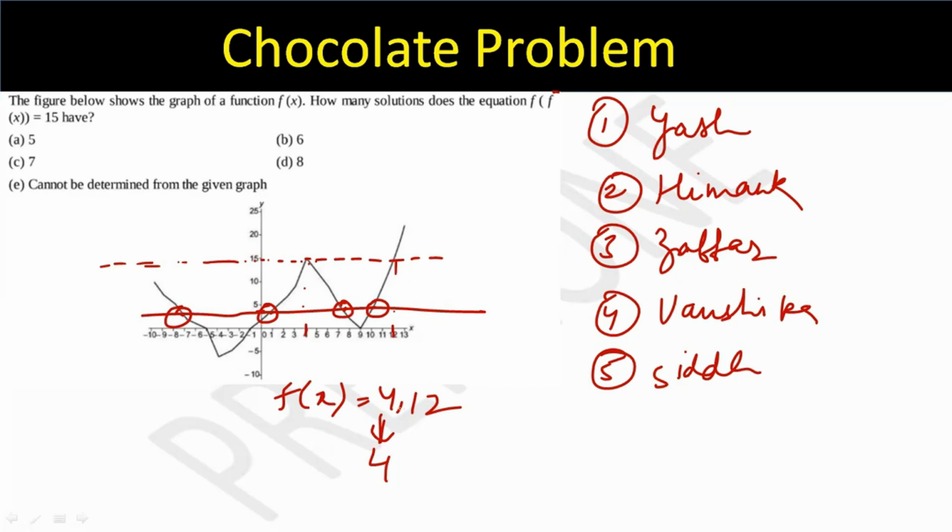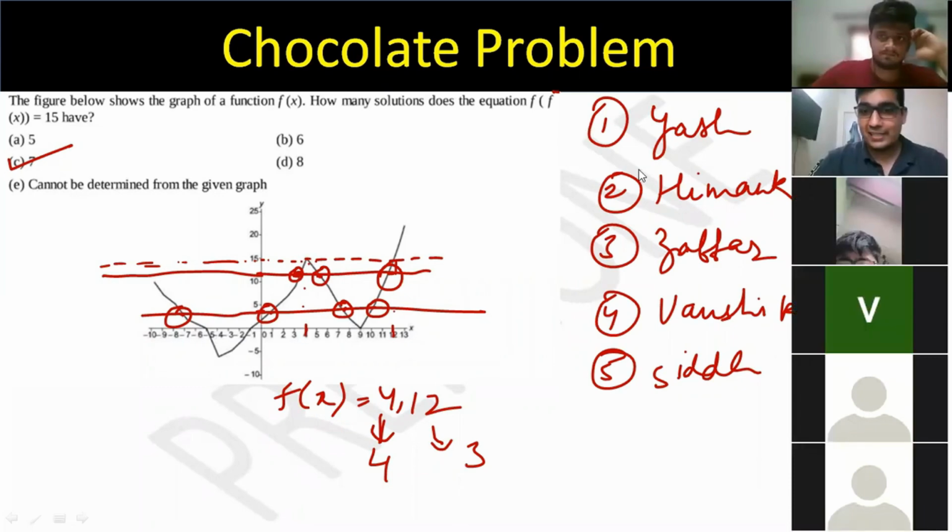And at how many values is f x equal to 12? 12 will be somewhere here, above 10. Point number 1, point number 2, and point number 3. So f x can take the value 12 at 3 different points. So 4 plus 3, there are 7 different points for this to hold true. Clear?